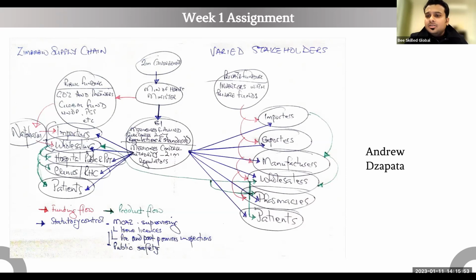So the other day when we were discussing with Greenwood wholesalers, they had three different consolidation points in the country, which receive the product and then send it to their pharmacies and hospitals with whom they have contracts. So that's a simple supply chain and flow of product. In their case, the money flow is quite simple.